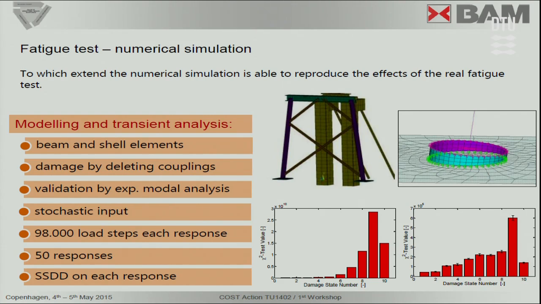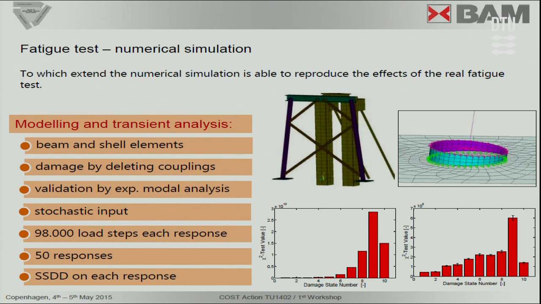We validated the model by experimental modal analysis and put in a stochastic input, and then we made a transient analysis of about 100,000 load steps. If I remember right, we artificially created 40 seconds of a time signal.